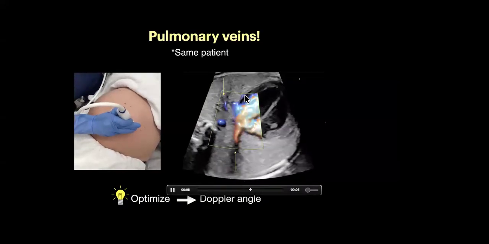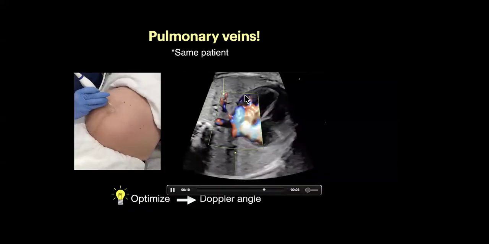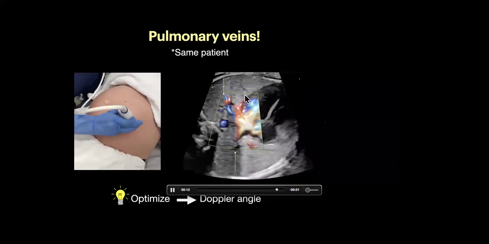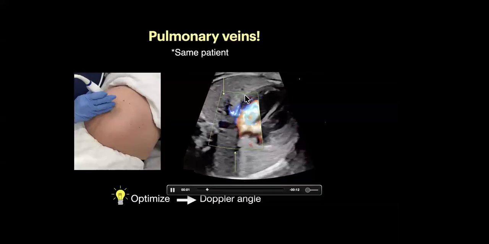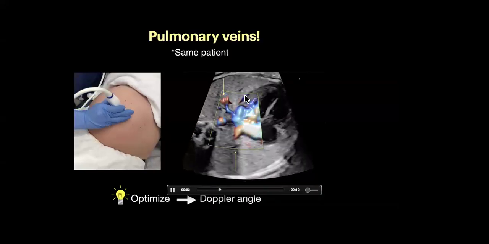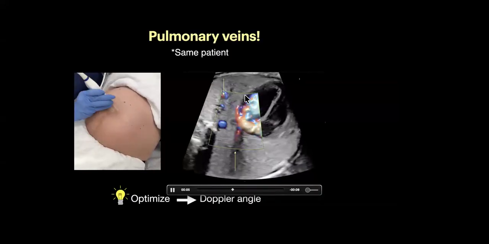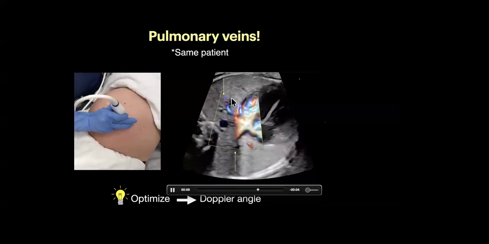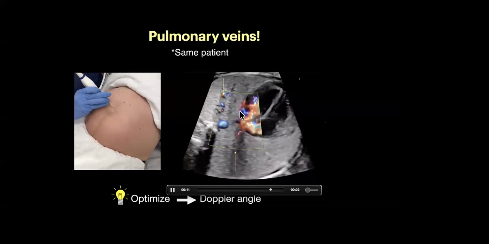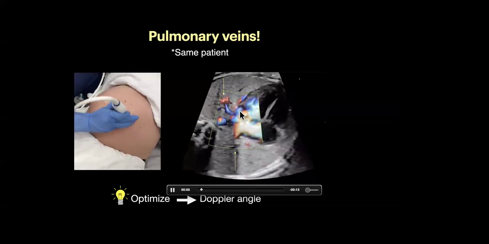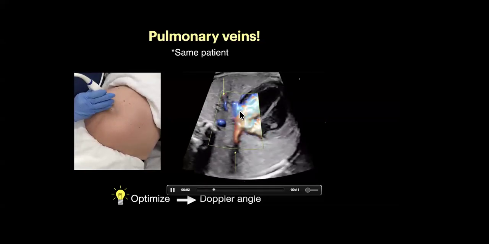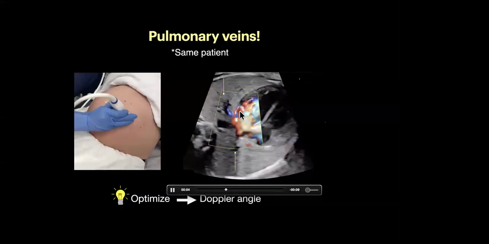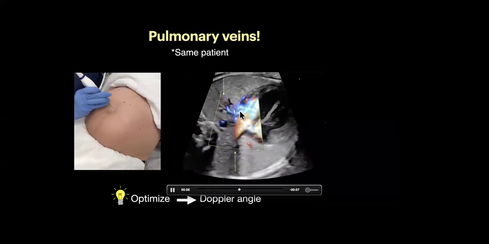And all I'm doing is manipulating my beam, even if it means starting on top and moving over towards mom's lateral side. And here I'm able to see those beautiful pulmonary veins as they're draining into the left atrium. So really, again, keep in mind when you're looking at blood vessels to optimize your Doppler angle to be parallel to the angle of incidence to see blood flow.